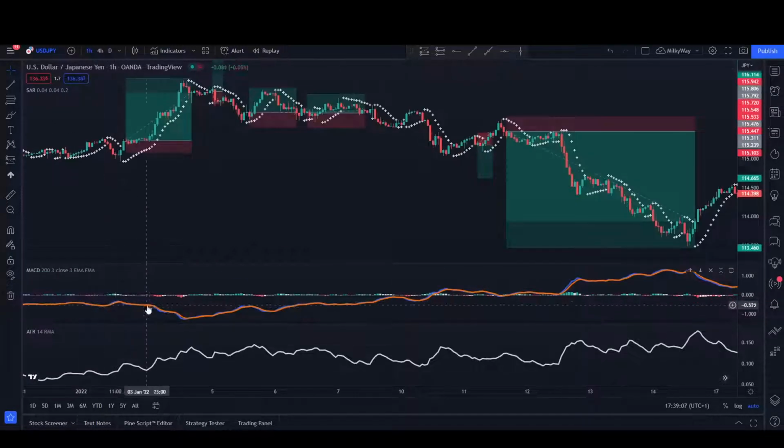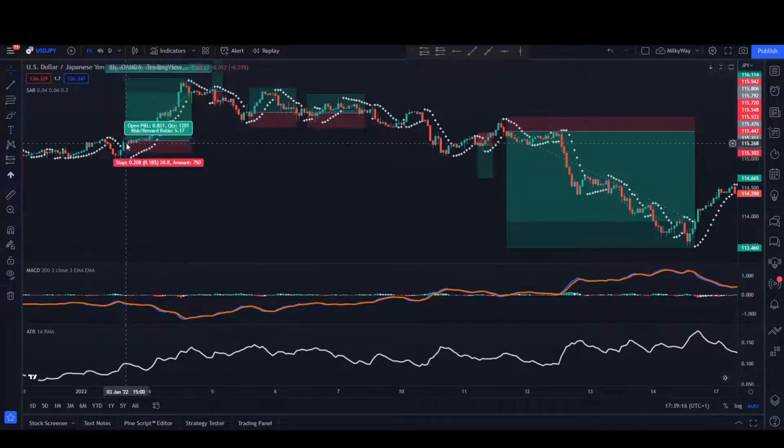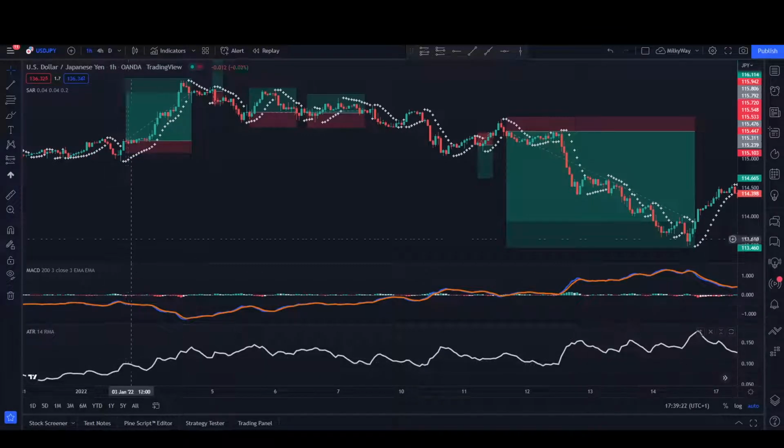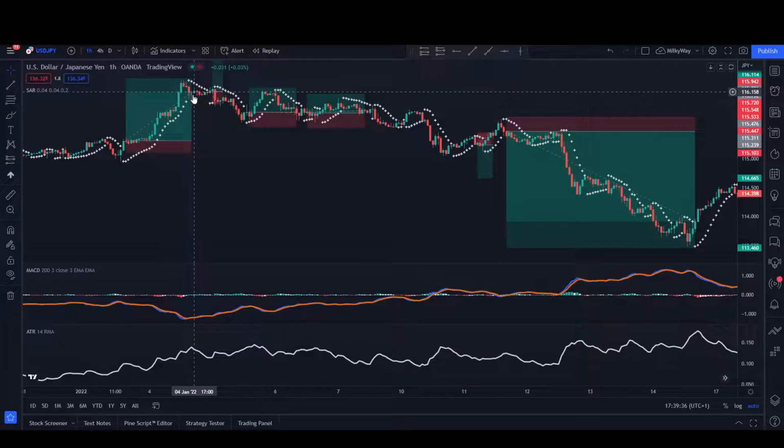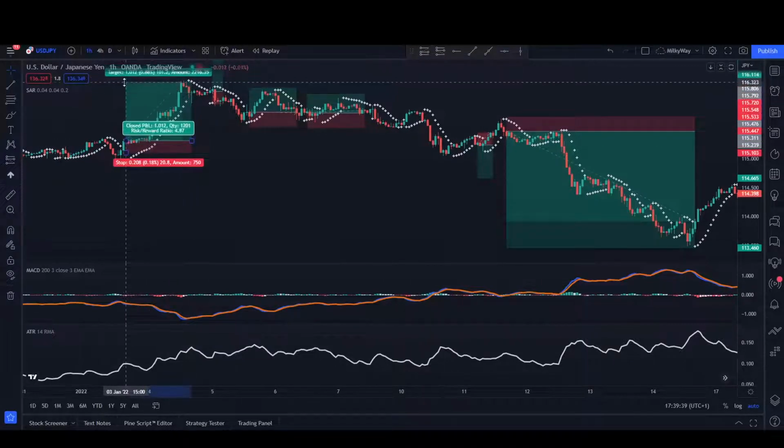So here you've got a negative MACD. The parabolic SAR cross is formed, and so we go long. The ATR has a value of 0.1, so we've got a 0.2, a 20 pip stop loss, and we ride it until the price comes back to 1R. Essentially, it reached a maximum of 1 to 4, 1 to 5 risk reward ratio.